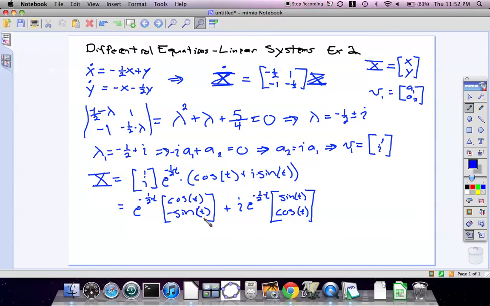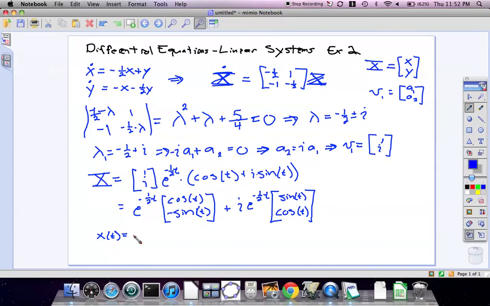So again, I have this vector (cosine t, negative sine t), this other vector (sine t, cosine t). And so the top line are my x solutions, the bottom line are my y solutions. As far as the i goes, it's just a constant, so from our previous work we know we can just separate it out.